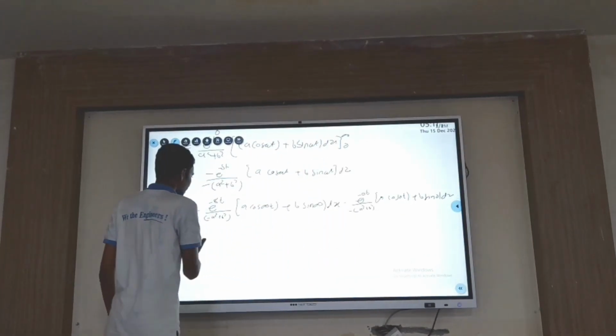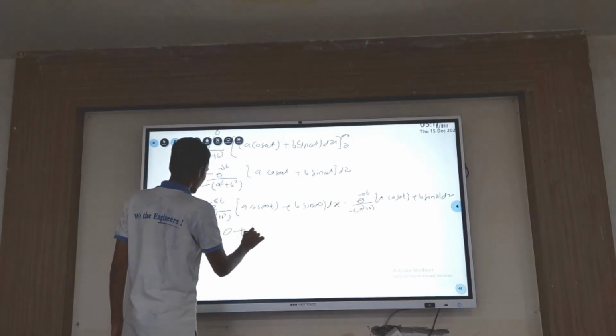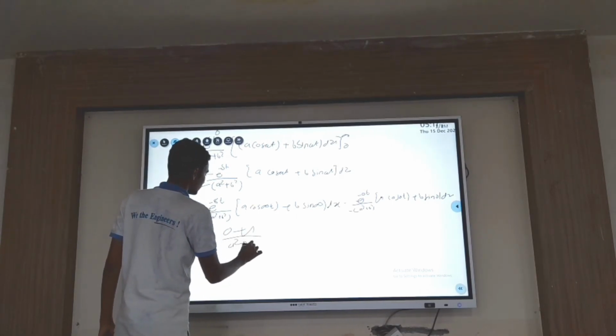So e raised to minus infinity is 0. So the equation gives 1 upon a squared plus b squared.